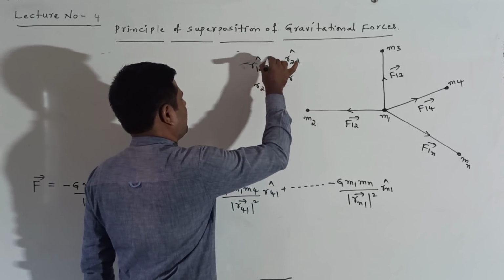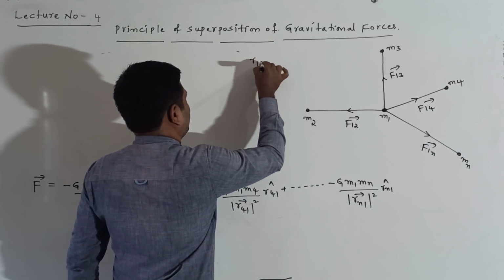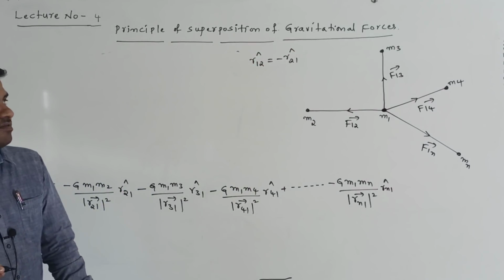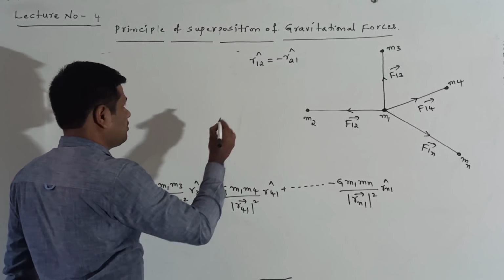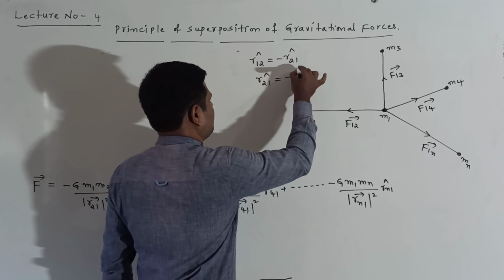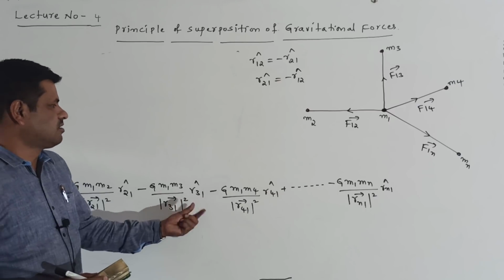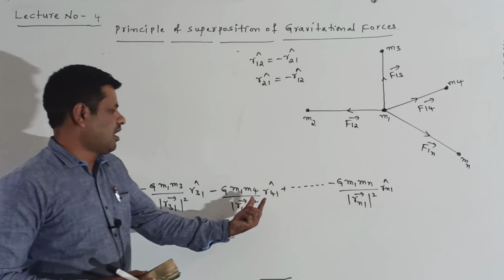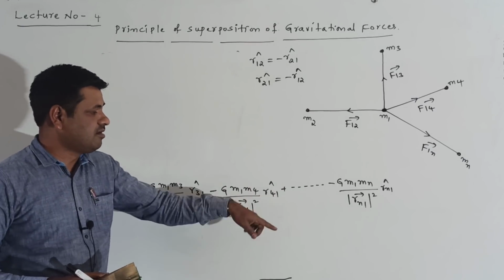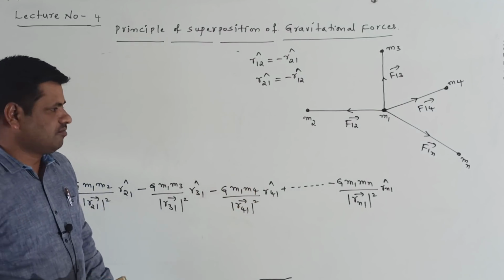Similarly, r31 cap is equal to minus of r13 cap. Here r41 cap can be written as minus of r14 cap. Now all are changing.